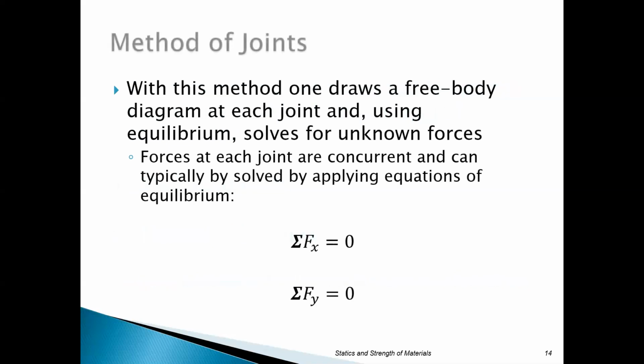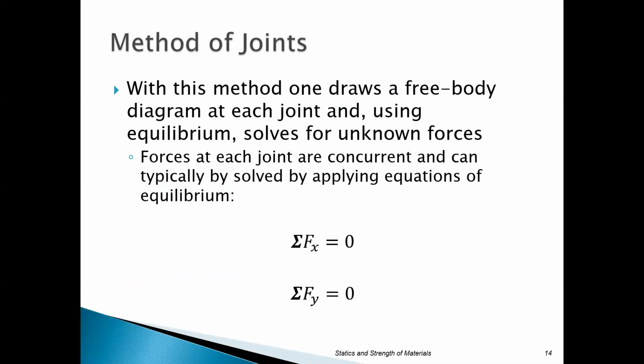Okay, so with this method, you're going to go through a process, and what you have to do is draw a free body diagram at each joint, and then you're going to use equilibrium to solve unknown forces. So each joint picture that you come up with is a concurrent force system.